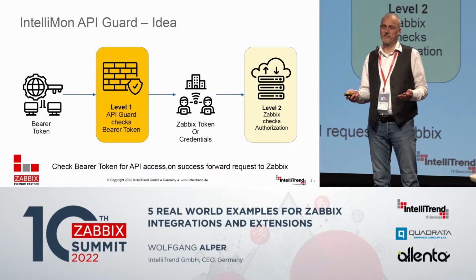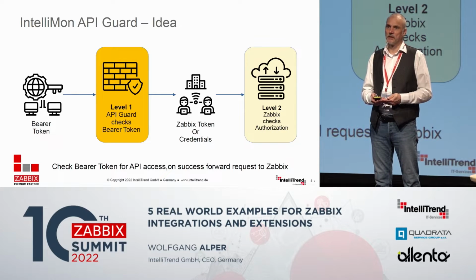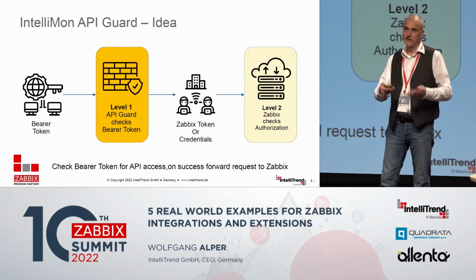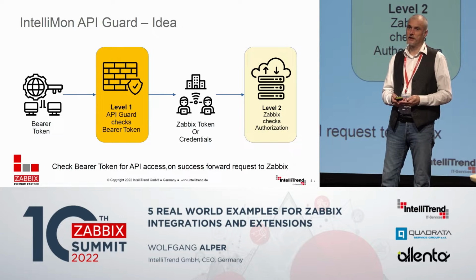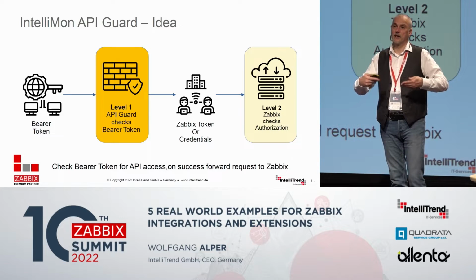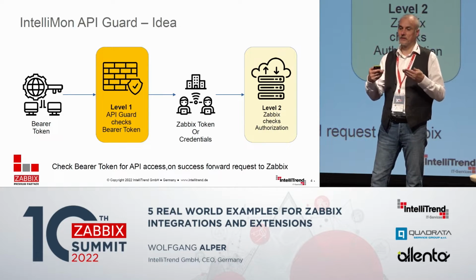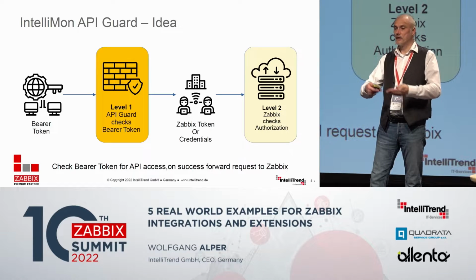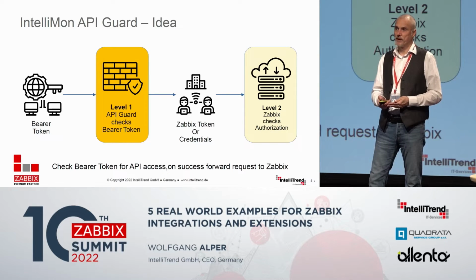It's very simple, it's very basic. We add an additional bearer token to the request. You all know that the Zabbix API is an HTTP-based RPC API. So we have an HTTP header, so we can attach an additional header. And then we use this additional header to authenticate or to make sure that we have access. And if there's access, then we pass over the request to the Zabbix API.